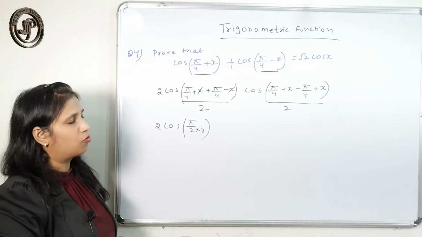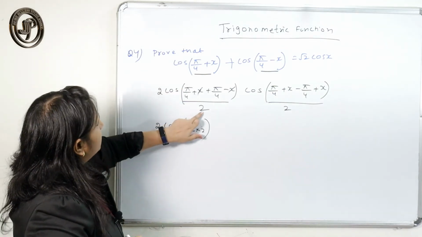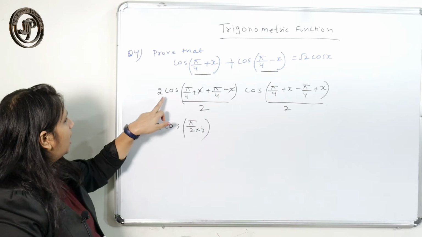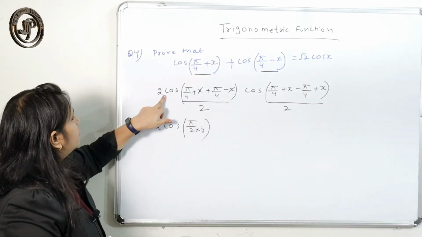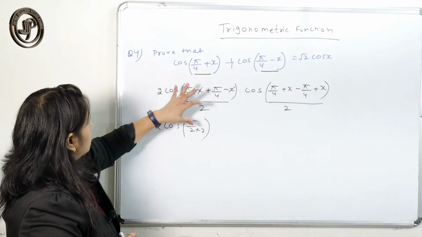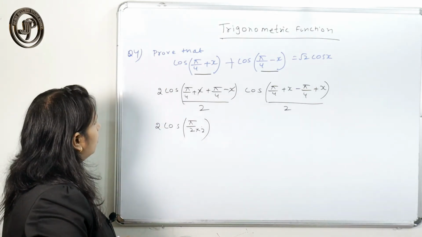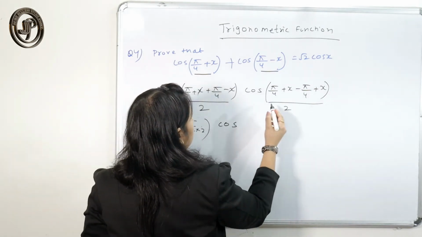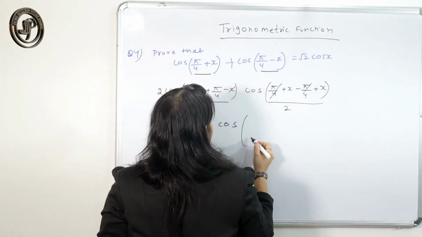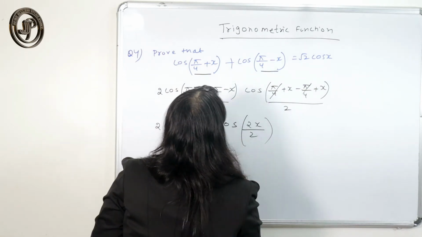You can't cancel this 2 with that 2. Don't make this type of mistake, because that is your angle, and that is the coefficient of that cos. And if you see here, it is 2x by 2.